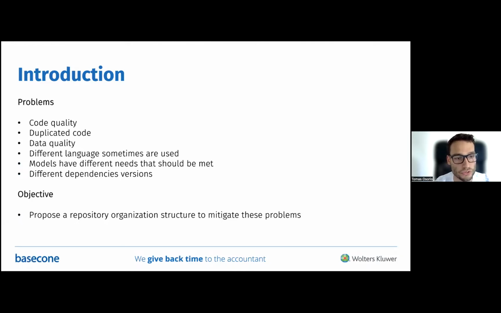When doing research and deploying models, sometimes some issues appear, such as code quality in research. Sometimes the approach is doing POCs, proofs of concept. So sometimes the data scientists leave the code quality a bit on the side, and just want to see if they can get some results.